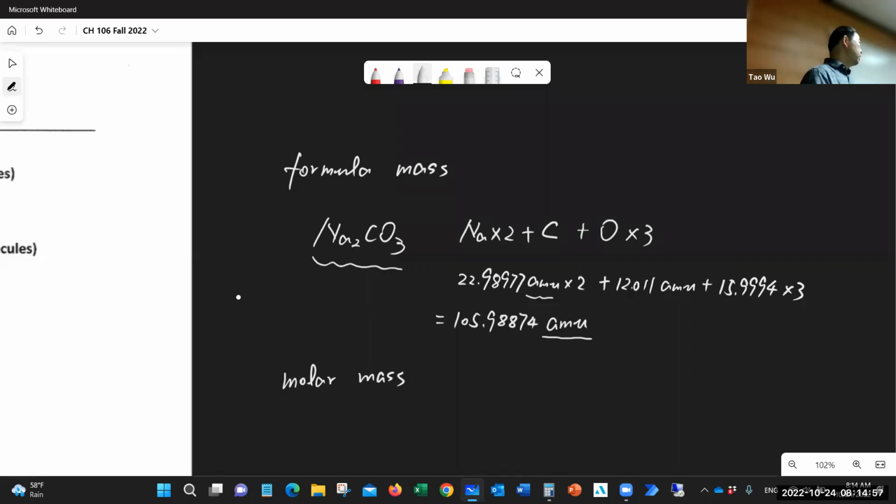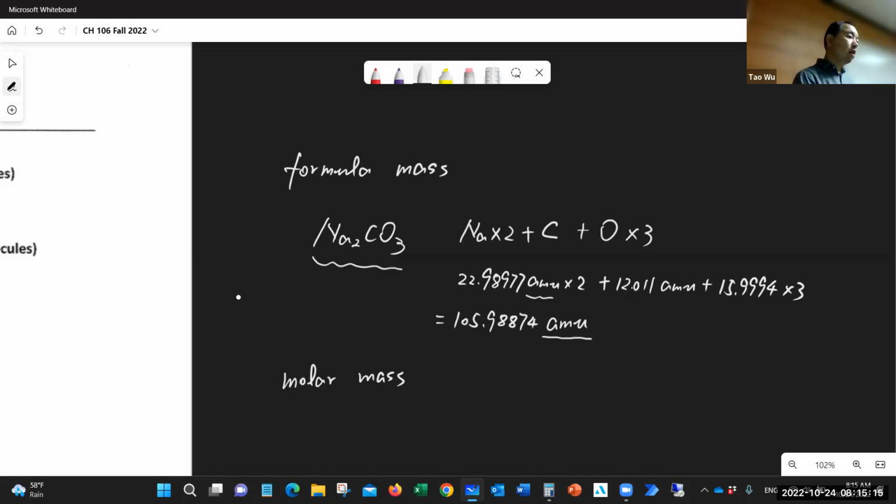Molar mass is talking about if we have 1 mole of the molecule, which means we have 6.02 times 10 to the 23rd molecules aggregated together, what is the mass? In gram.